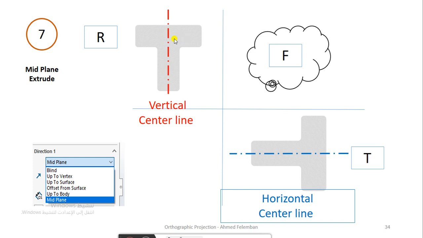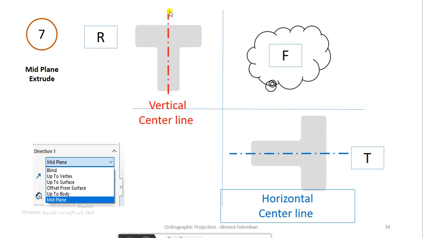If you see it symmetric, which means that the right part is the same as the left part, then when we make an extrude for the front, we have to make it mid-plane.